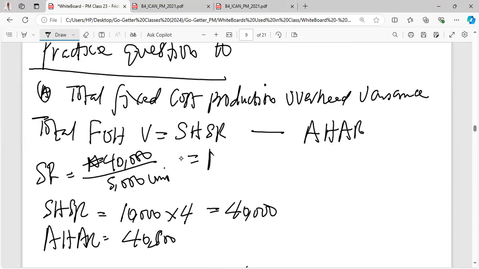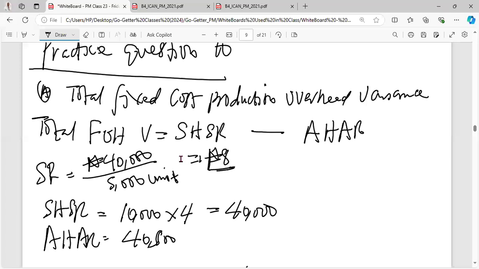Because 5 times 8 is 40, this gives us 8 naira. So if you budgeted 40,000 naira for your overheads and you're making 5,000 units, that means the standard rate is 8 naira.